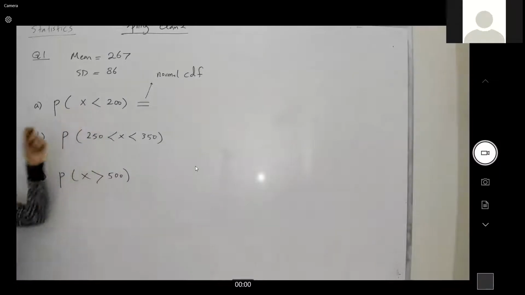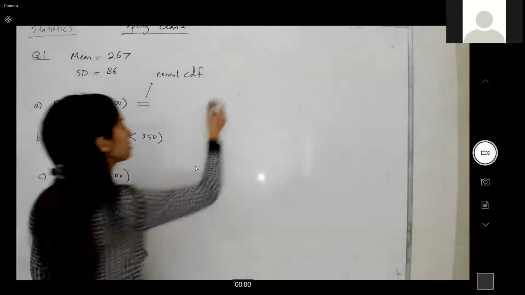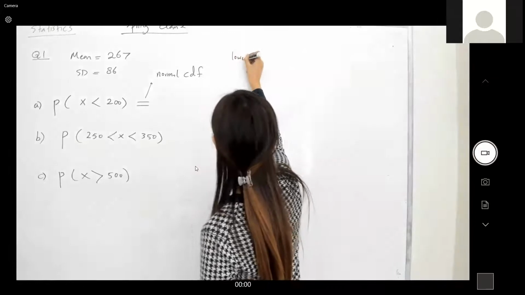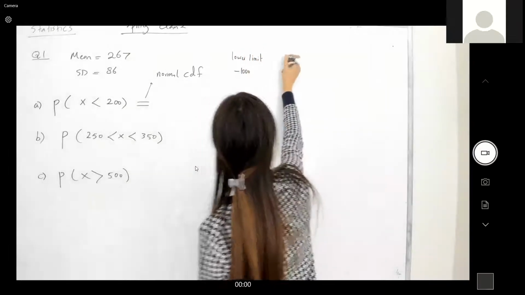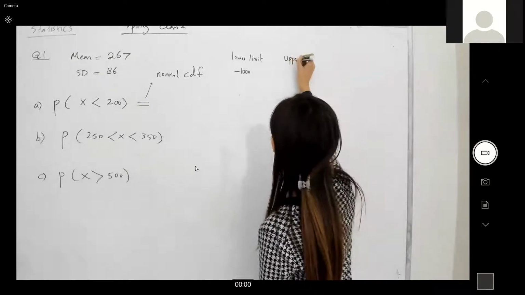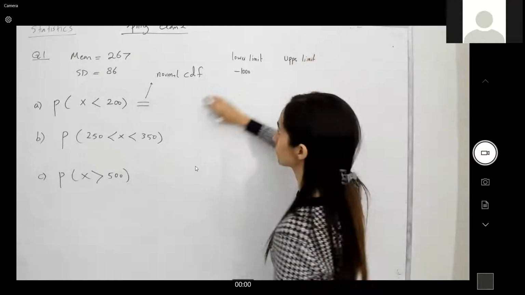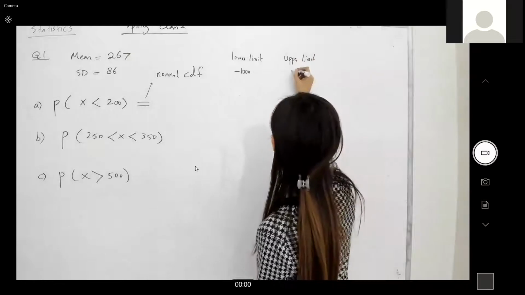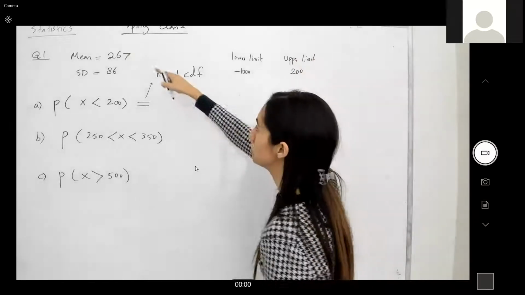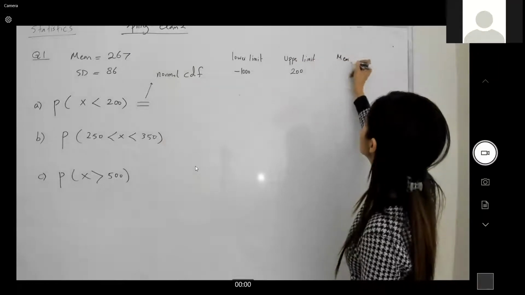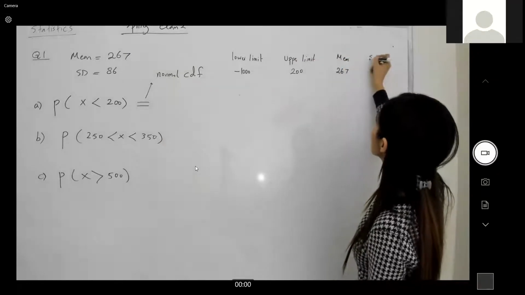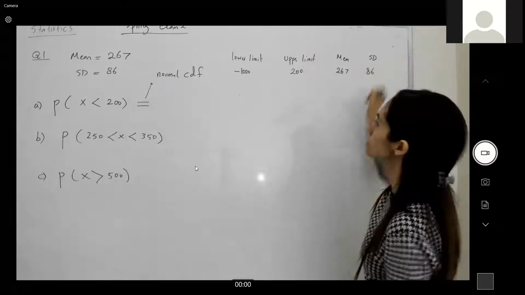The lower limit is a very small number. You can write negative 1,000, and upper limit for this case is going to be 200. Mean is 267, and the standard deviation is 86.